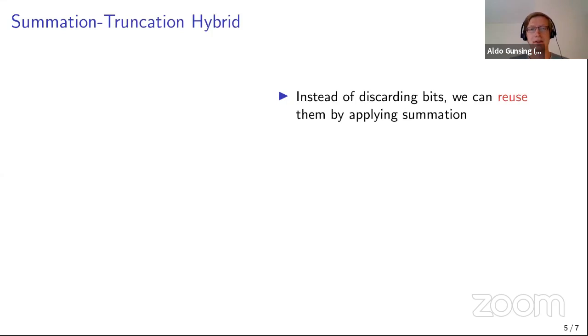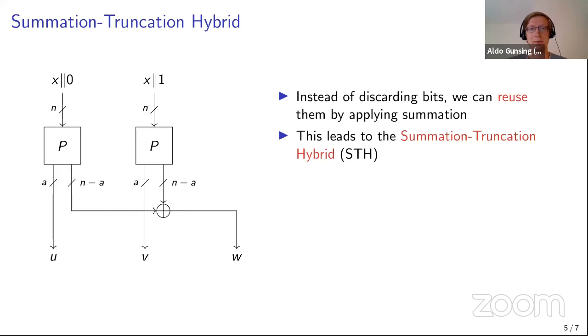However, for the truncation, we discard those n-a last bits, but they still may contain some valuable entropy. So we can look at what happens when we reuse those instead by applying summation to them. And this leads to the summation truncation hybrid, or STH. As you can see, it calls the PRP 2 times and applies truncation to it. But instead of discarding those bits, we XOR them together to get some extra output.